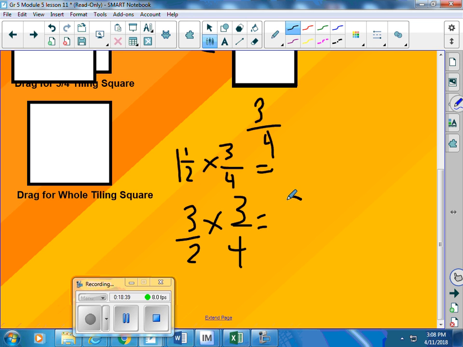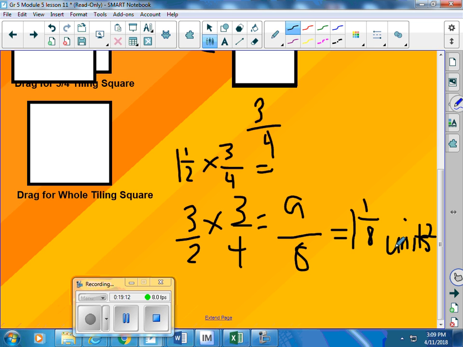All right, I multiply straight across. I get 9/8, which gives me 8 goes into 9 one time. There would be 1 left over out of the 8. So my answer would be 1 1/8 units squared.